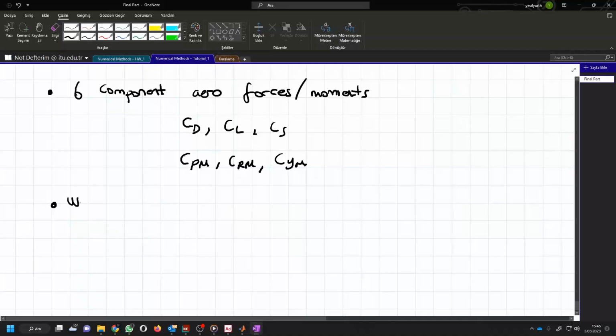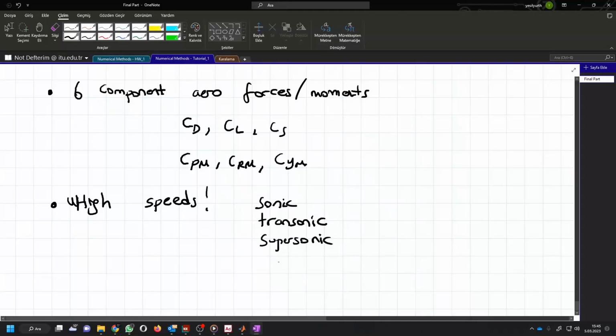So you will be going at very high speeds. The rocket may be sonic, transonic, supersonic, hypersonic, which is four times greater than the speed of sound, by the way. Here you have subsonic.